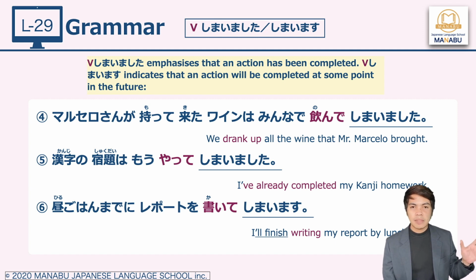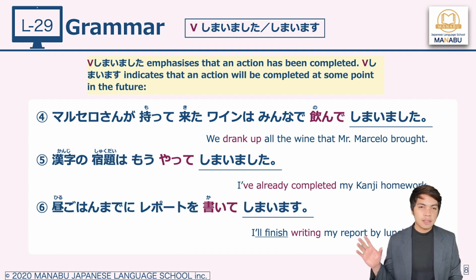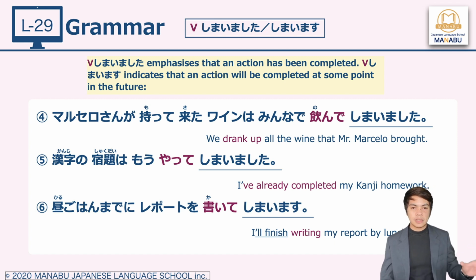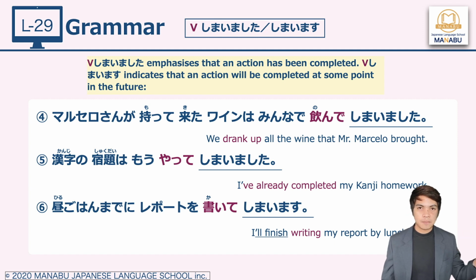Hirogohan madeni, as in our previous lessons, madeni means the deadline. So before lunchtime or by lunchtime, ripoto o kakimasu means I will write my report. But if you say ripoto kaete shimaimasu, I will finish writing my report by lunchtime.